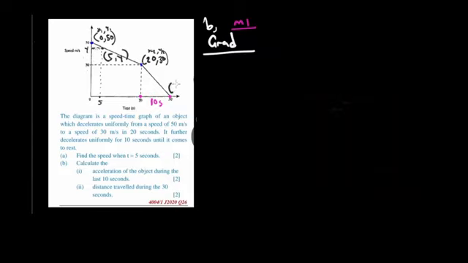This point is going to be (30, 0). Why (30, 0)? The x-coordinate is 30, and the corresponding y-coordinate is 0. So these are the points we are going to use: (20, 30) and (30, 0).